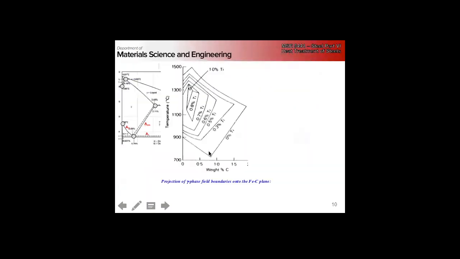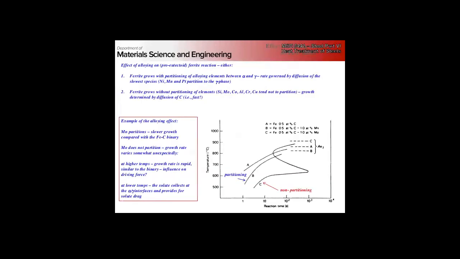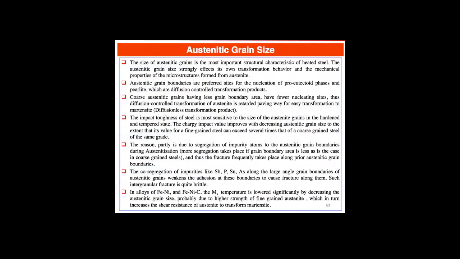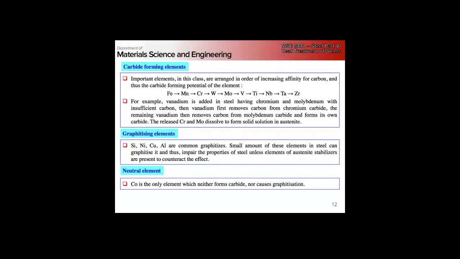So we can get large ferrite grains with, instead of cementite, graphite. So these sort of make the steel behave more like a cast iron, right? That lower concentration cast iron than the steel. Cobalt is neutral in this sense, right? It doesn't cause carbide formation, and it doesn't cause graphitization.